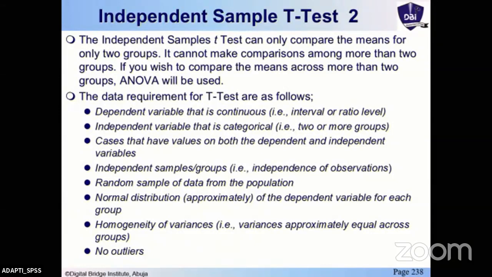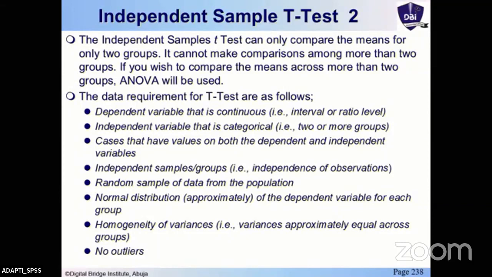A dependent variable that is continuous. Now, if you look at all the examples that I gave, two variables that are continuous. For example, exam score. And I said the test will be between male and female.